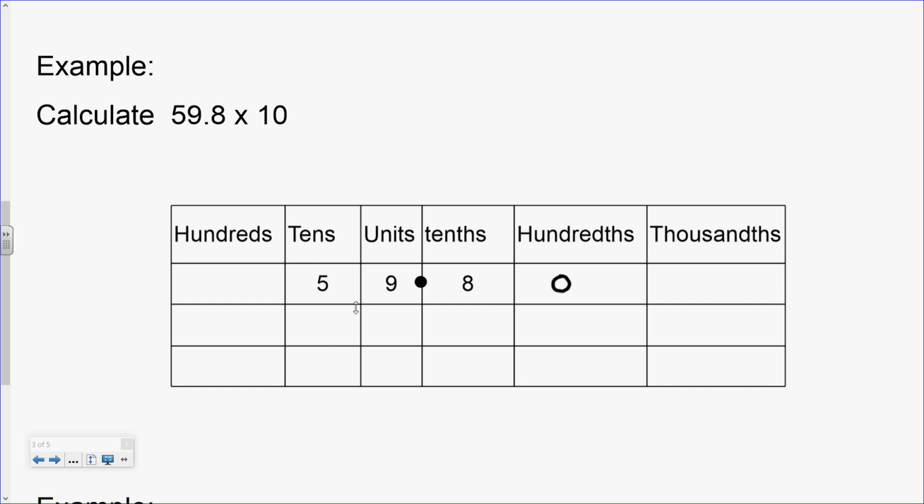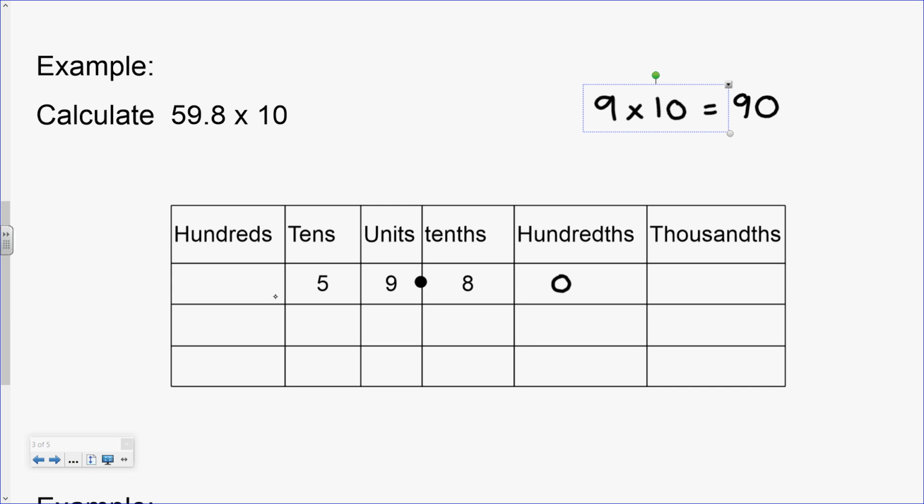So what we need to think about is, well, we know that timesing the number by 10 makes this number bigger. So let's think about the 9 units. If we had the number 9 and we times 9 by 10, well, we should hopefully know that gives us 90.